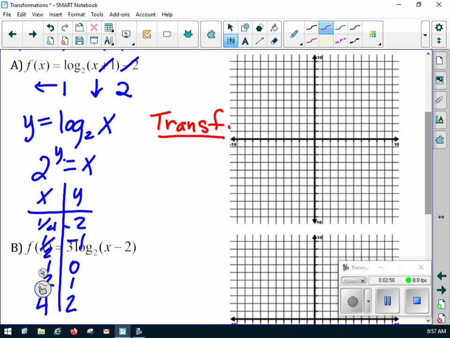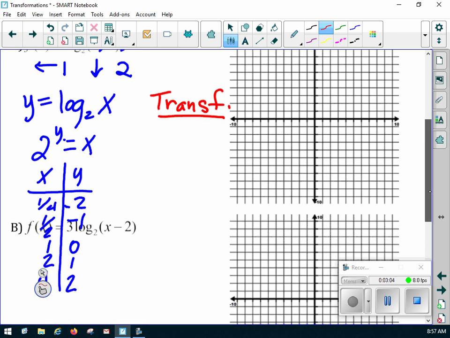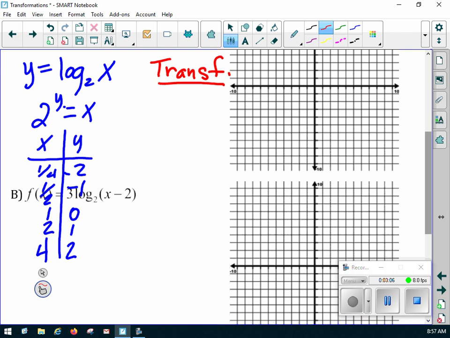Do x minus 1. Now, if you can't do that in your head, you do that on the calculator. What's a fourth minus 1? Do it on your calculator. Not -1. It'll be -3/4.